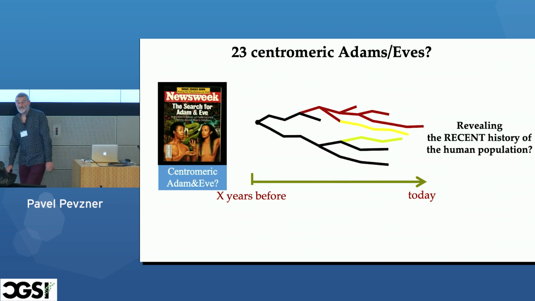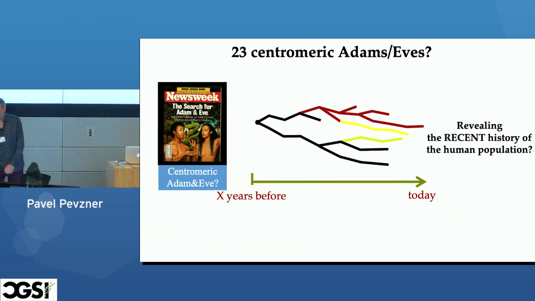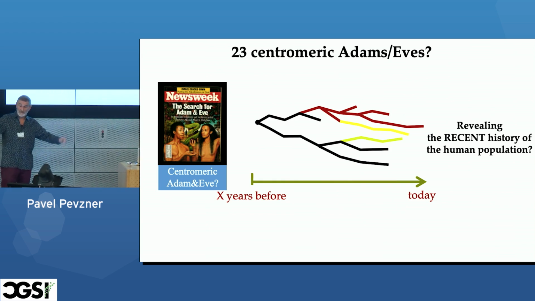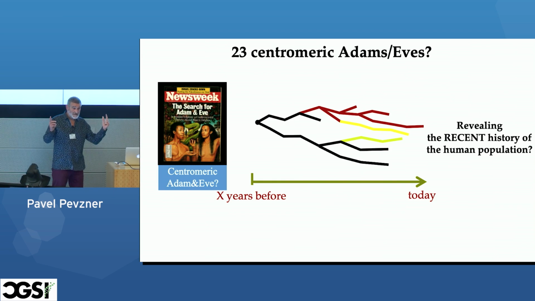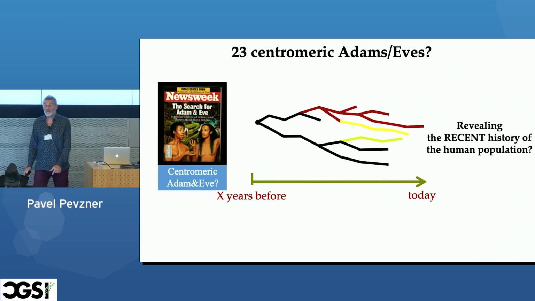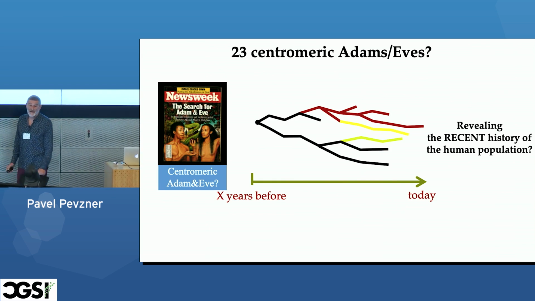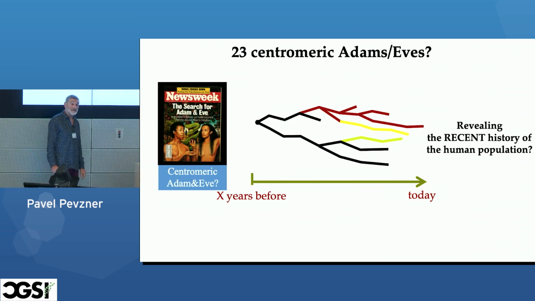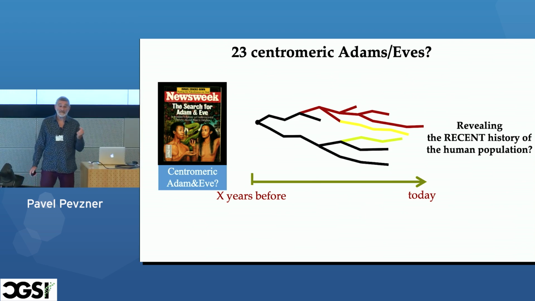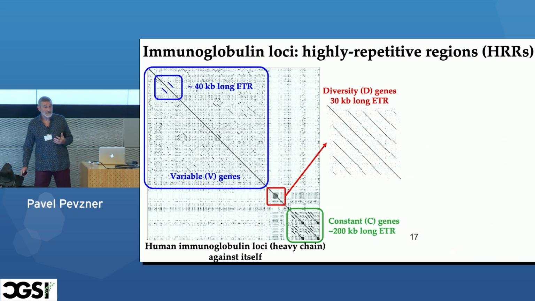Now, with 23 non-recombining centromeres, longer than mitochondria, can we analyze 23 centromeric Adams and Eves? And since centromeres are some of the most rapidly evolving regions of the genome, can we study recent evolution of the human genome if we learn how to compare centromeres?